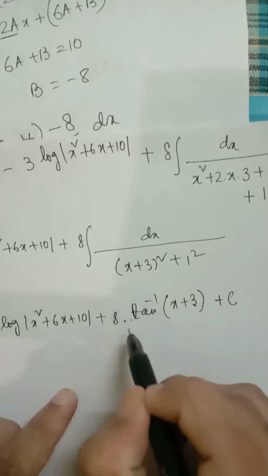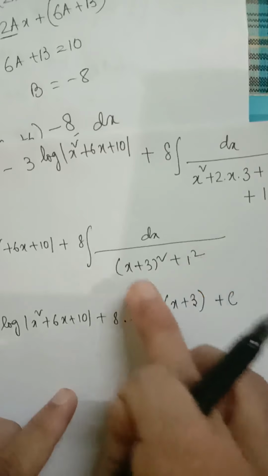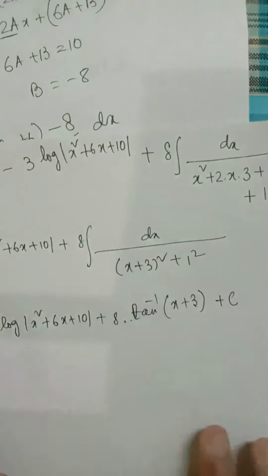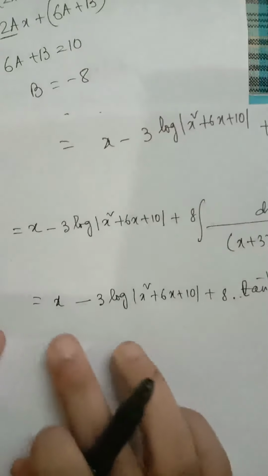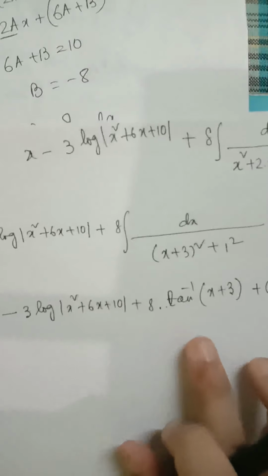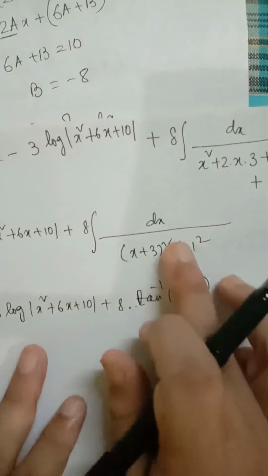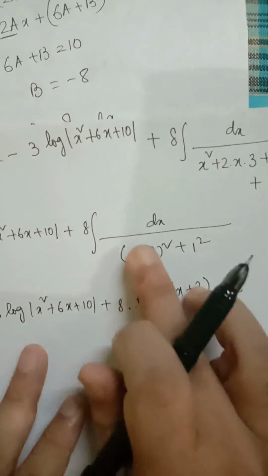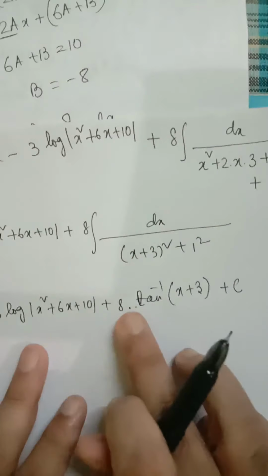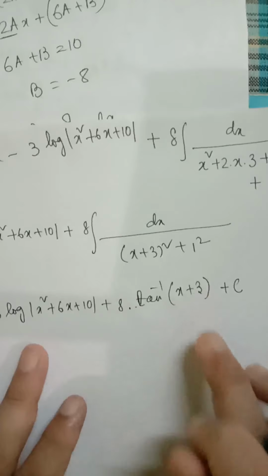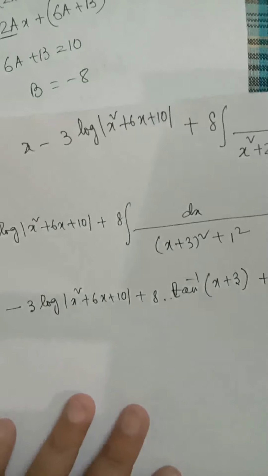So 1 by a means 1 by 1, which is 1, tan inverse of x by a is this. So this is the answer: x minus 3 log this plus 8 tan inverse of (x plus 3) plus c. dx by (x square plus a square) is 1 by a tan inverse of x by a plus c. So this is the solution.